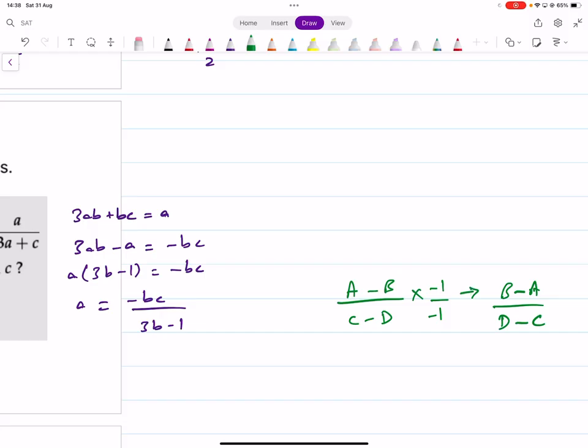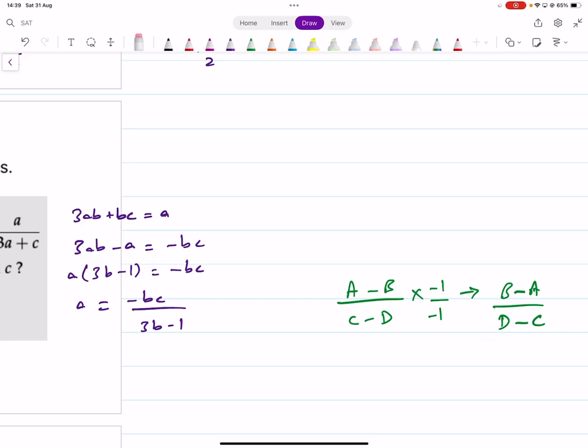We can multiply and divide by any number, right? If we multiply and divide the numerator, in the numerator we get B minus A, right? A minus B into minus 1, that becomes minus A plus B, which is B minus A, right? Similarly, when you multiply the denominator by negative 1, that gives us D minus C. It was C minus D, multiplied by negative 1, becomes D minus C.